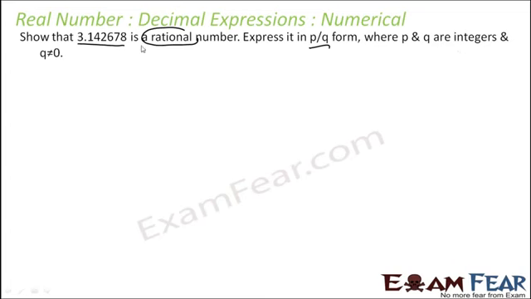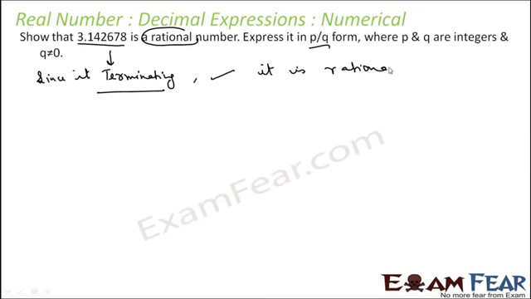See, looking at this number only, you can say whether it is terminating or non-terminating. It is terminating. Since it is terminating, it has to be a rational number. So you can write that since it is terminating, it is a rational number.